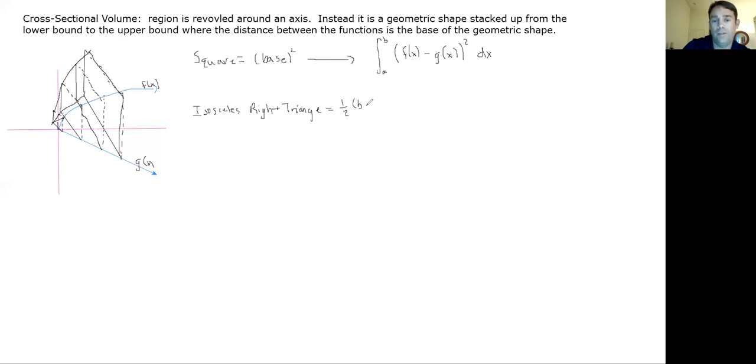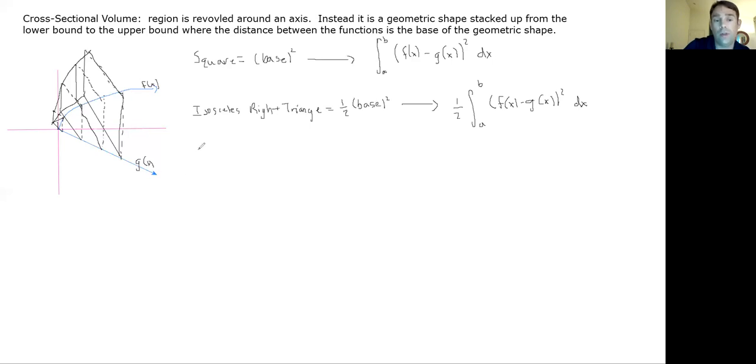So it's 1/2 base times base, or 1/2 base squared. Then in terms of integration, that would be from A to B. Notice the base squared is still the same thing. The only difference is now I'm adding a constant in front of it, and in this case, that constant would be 1/2.